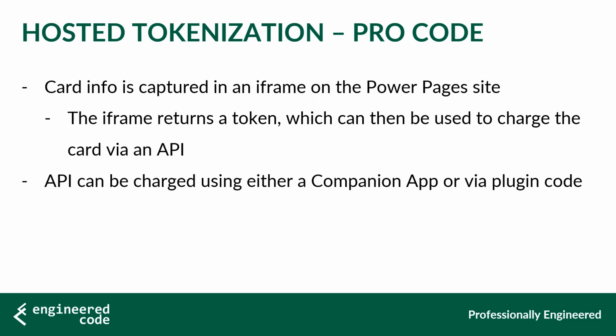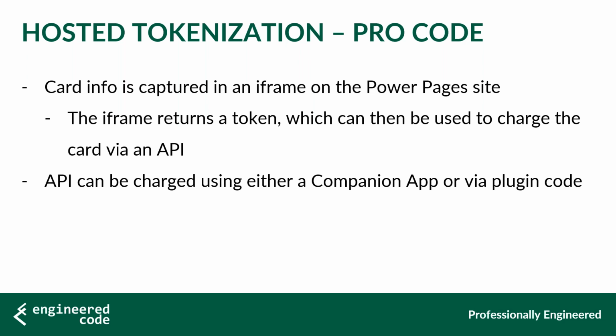There are a few different ways that you can architect this. If you're building out a companion app anyway, it's not really much of a problem to create an endpoint where you pass in the name and the address, and here's the token, and then you call the payment provider's API to perform the transaction.